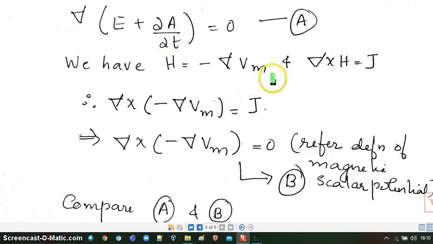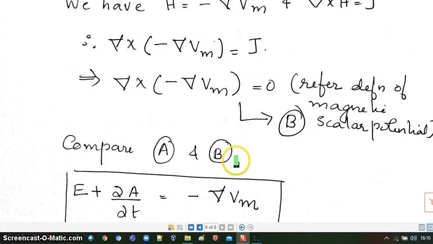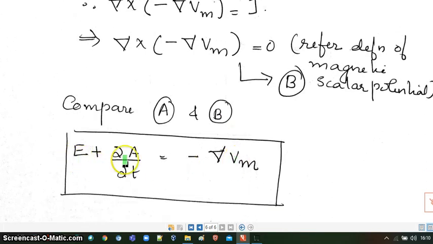So substituting J equal to 0, finally I get del cross of minus del Vm is equal to 0. Now comparing these two equations, finally I get E plus dou A by dou t is equal to minus del Vm, where Vm is our magnetic scalar potential, A is our magnetic vector potential and E is the electric field intensity.